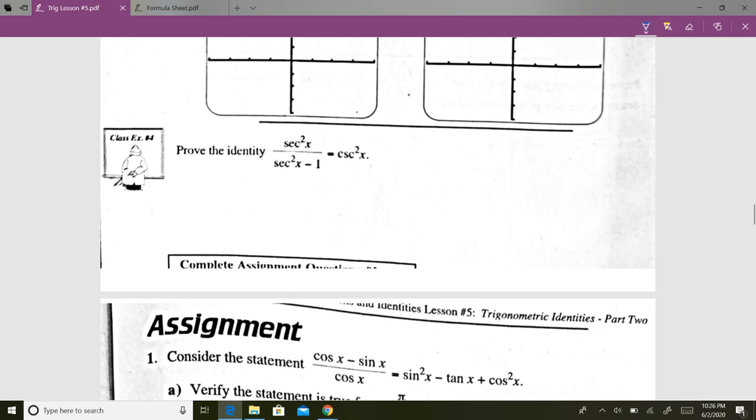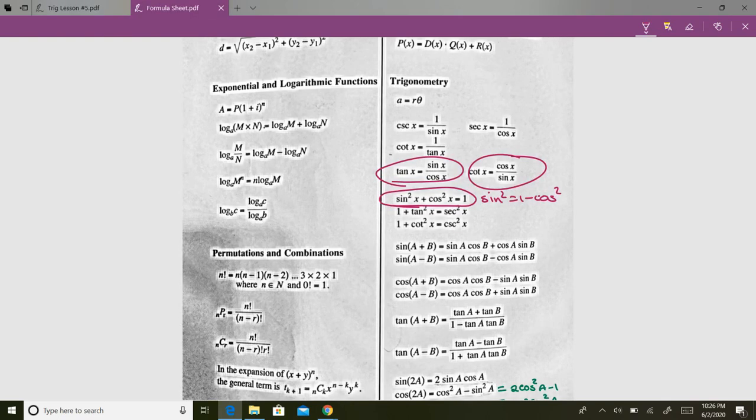But hopefully you recognize, now I'm going to show you a couple different ways to do this one. Secant squared, trig function, and a 1. So we look on our formula sheet, secant squared. And there's a 1 plus tan squared. So if I moved over the 1, it would be that.